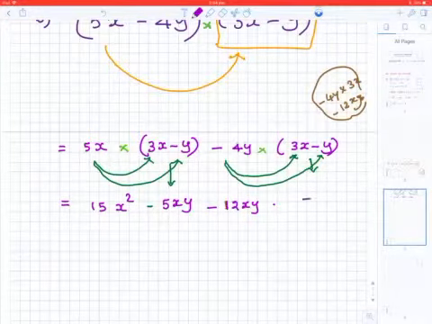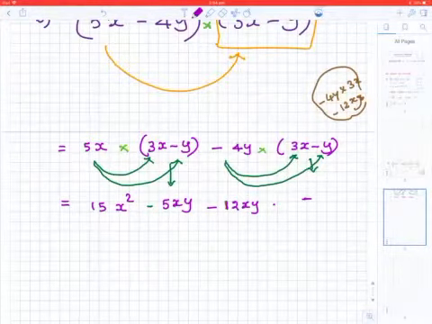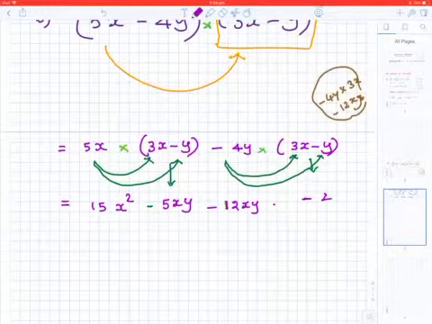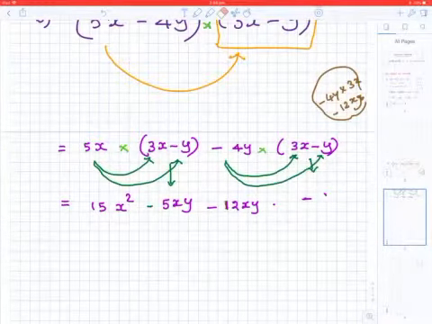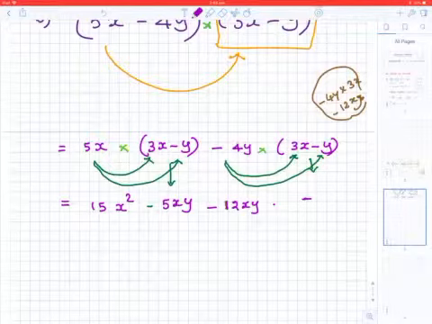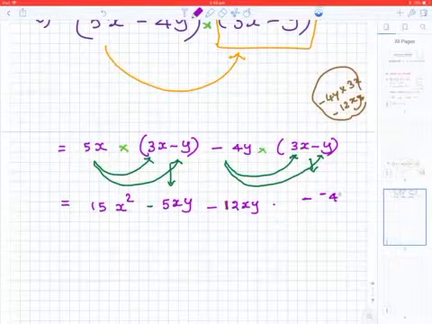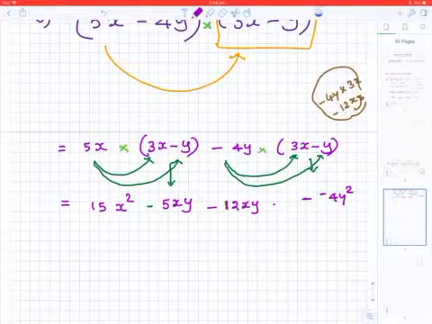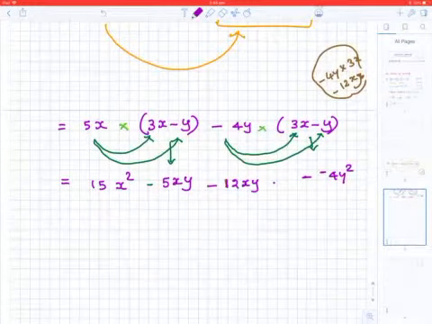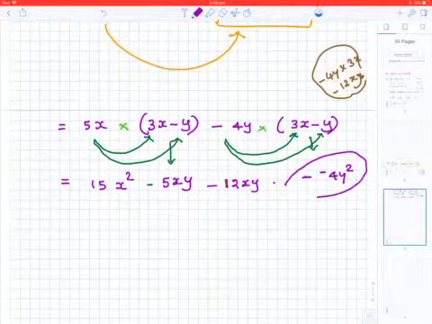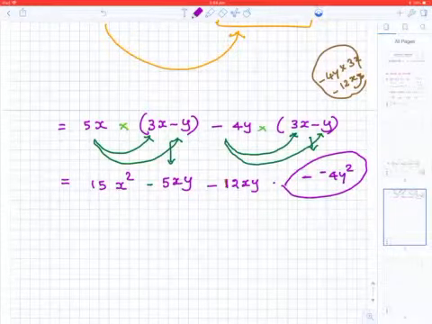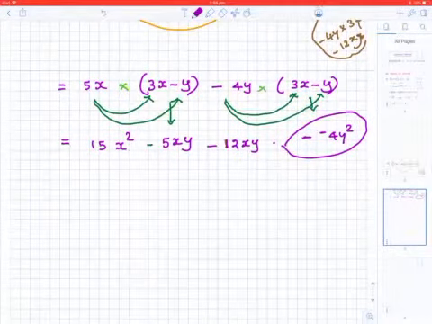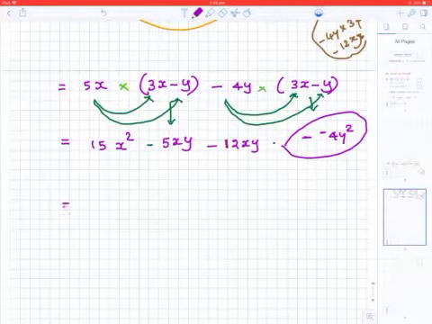So the first term is minus 12xy. Now I'm just going to bring the minus down first. Then minus 4y times y is minus 4y squared.